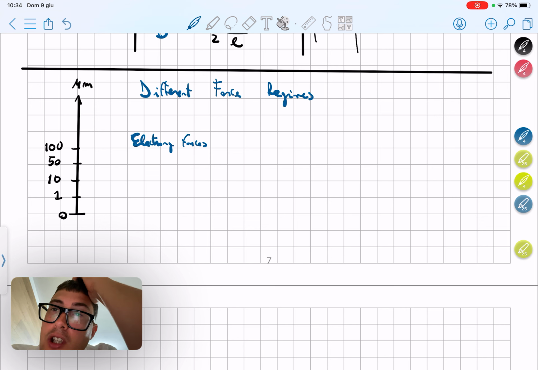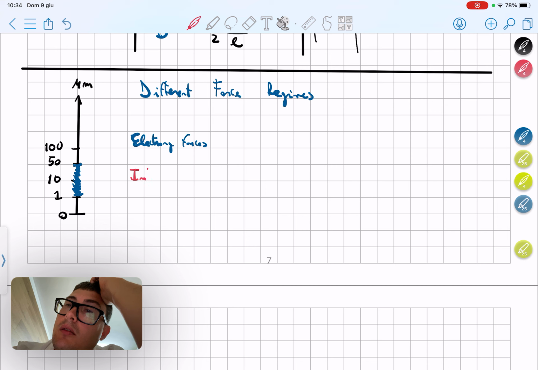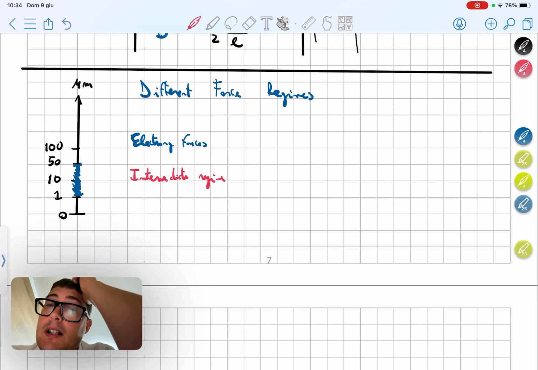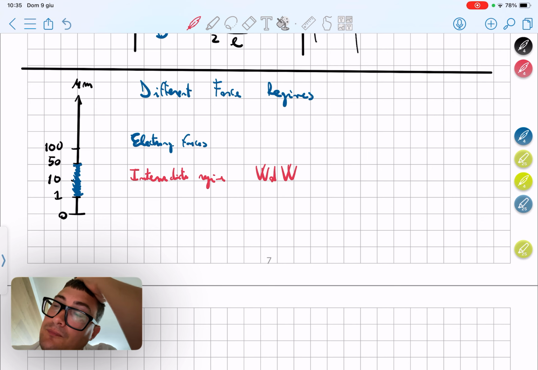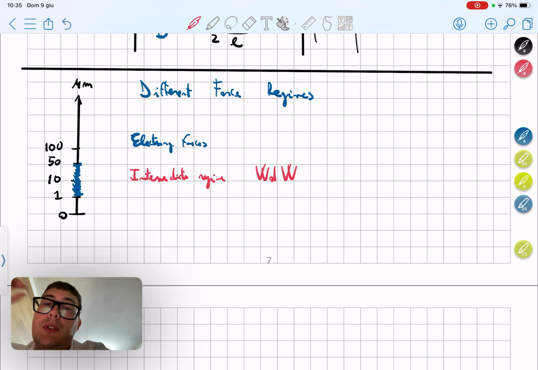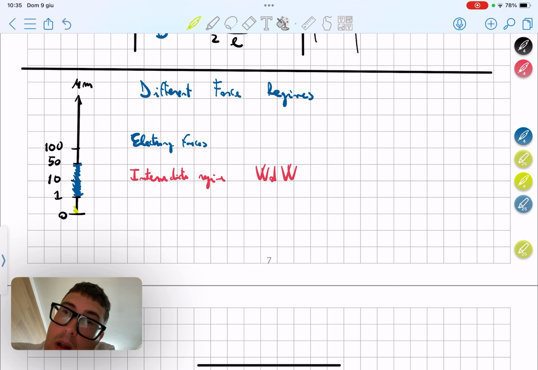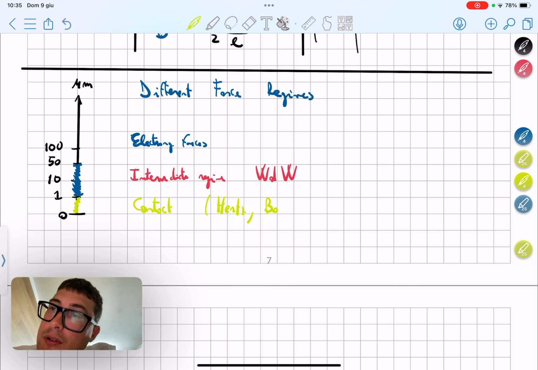When we get into a regime that maybe can be from 50 micron to 1 micron, we have an intermediate regime where the forces are the van der Waals forces, related to the dipoles or induced dipoles. Whereas in the very contact regime, which is this one, the type of forces are the Hertz and the Bohr forces.